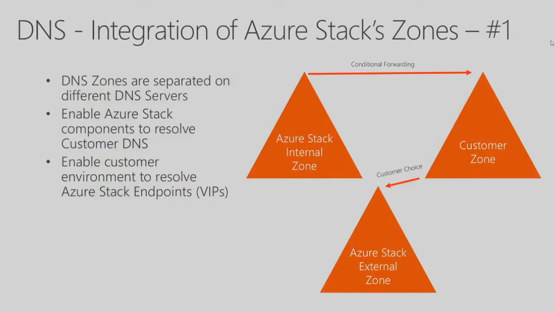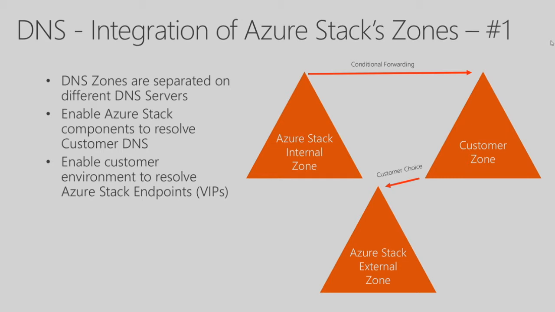Now, of course, in order to do that ADFS integration, we first need to make sure that DNS resolution works between Azure Stack and your environment. So Azure Stack itself does come with two different DNS zones. An internal DNS zone that is really tied to the internal infrastructure roles of Azure Stack, and a DNS zone for that external domain that you specified at deployment time.